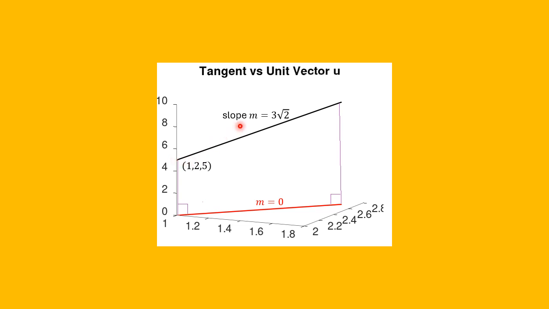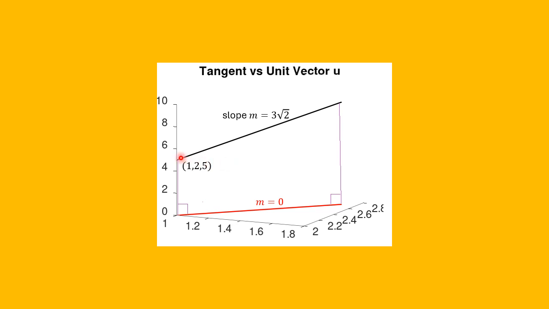Now, graphing this, we made the slope m equal to 3 square root of 2, and down here for this unit vector u, this is in the xy plane, so the slope of this vector is, if you think of it in 3 dimensions, going to be 0.